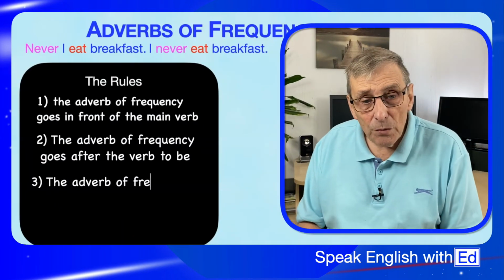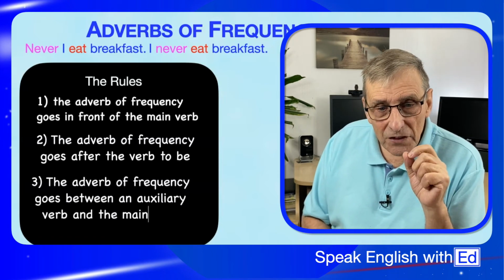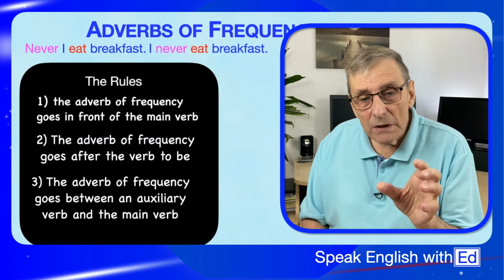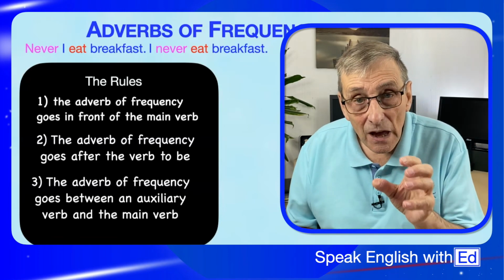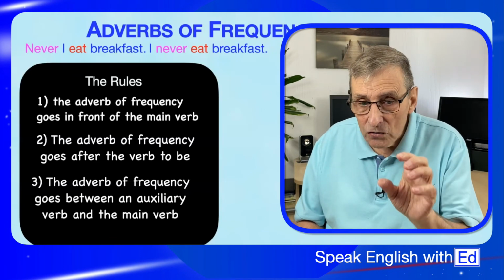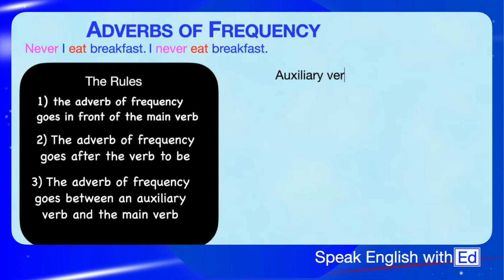And there's rule 3. Now, this is a little bit more to think about. The adverb of frequency goes between an auxiliary verb and a main verb. So what is an auxiliary verb? If we remember, they're helping verbs.